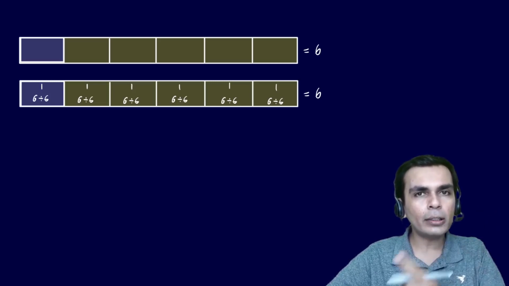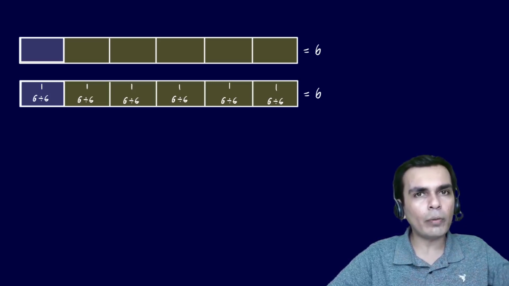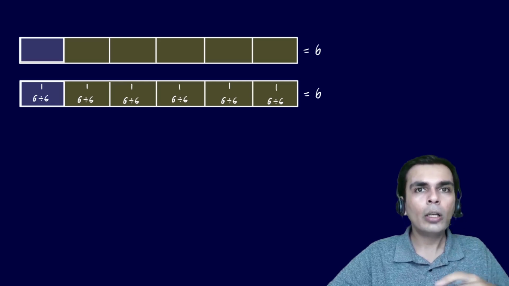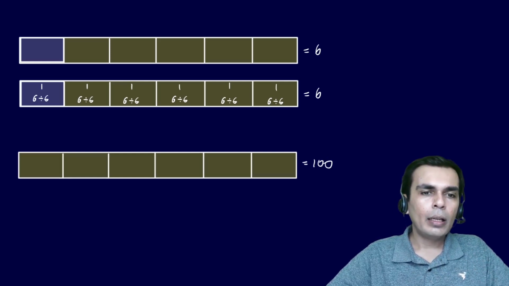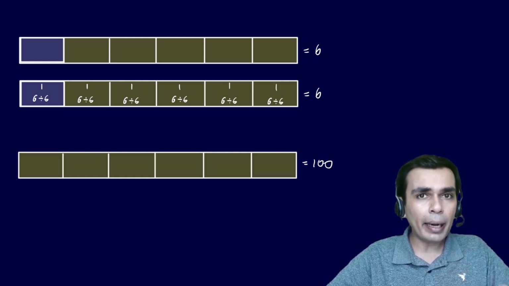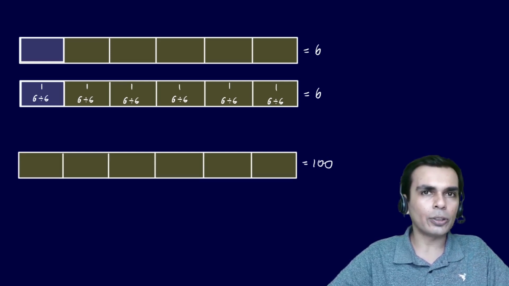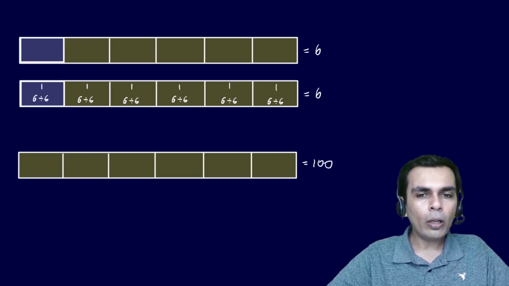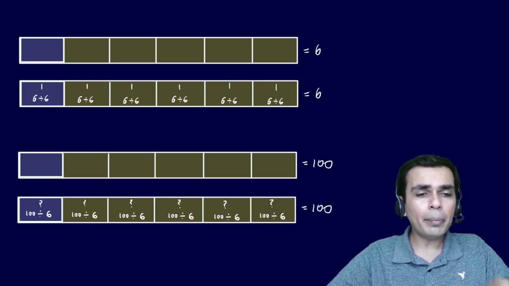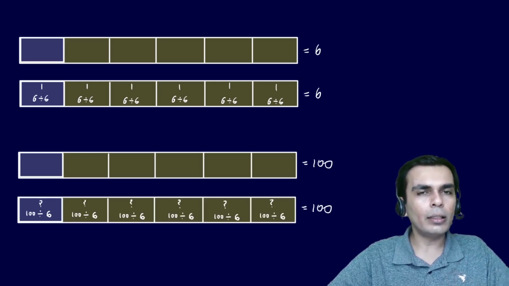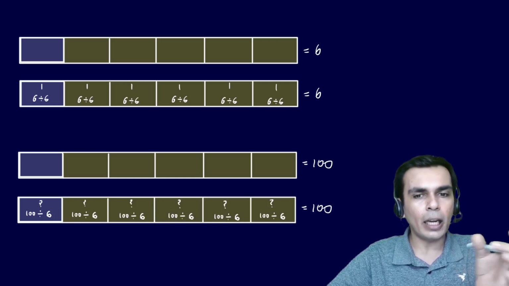Therefore each small piece is 1 kg out of the entire block, which is 6 kgs. Similarly, if it were 100, I first break it into 6 parts. It doesn't matter, 1/6 remains as such. Out of 100 we have 6 parts, and I need to find out the weight of this 1 here. Therefore, I would do 100 divided by 6, and whatever the answer is, it is 1/6 of this 100.